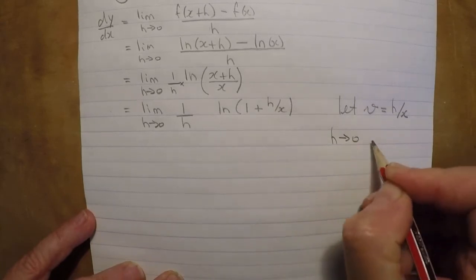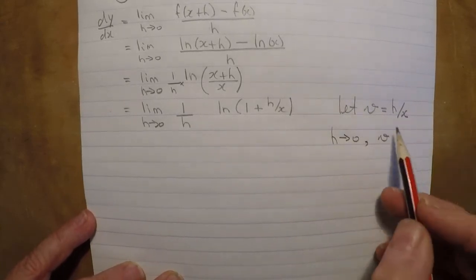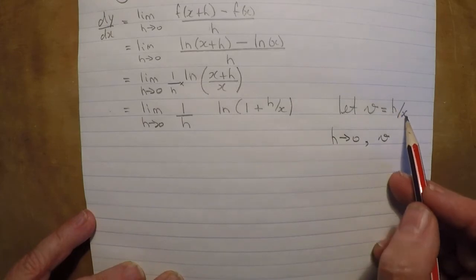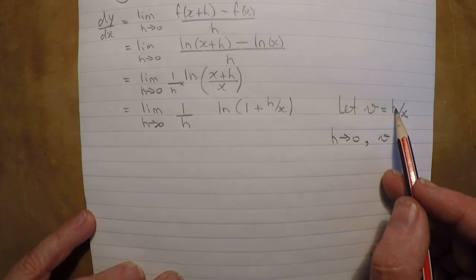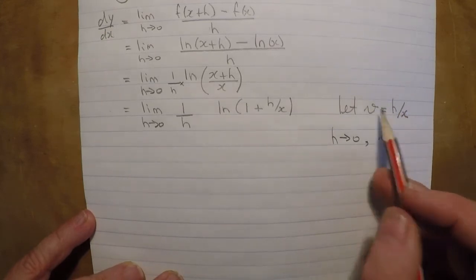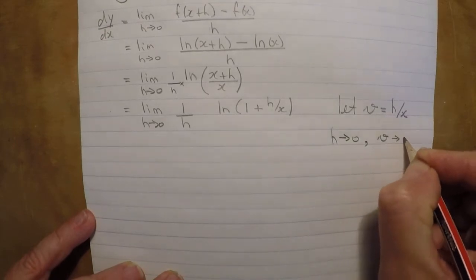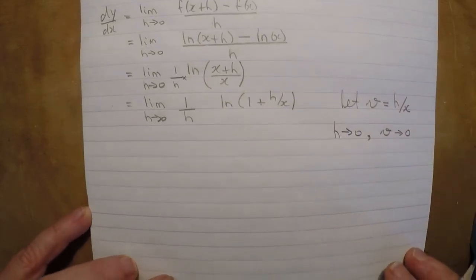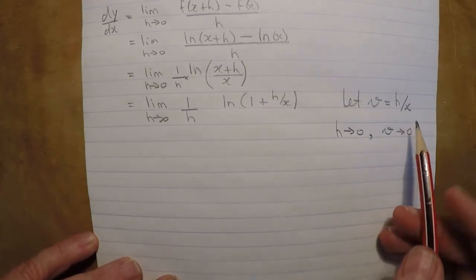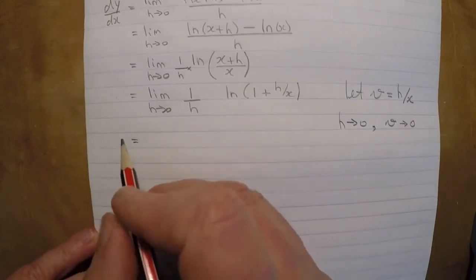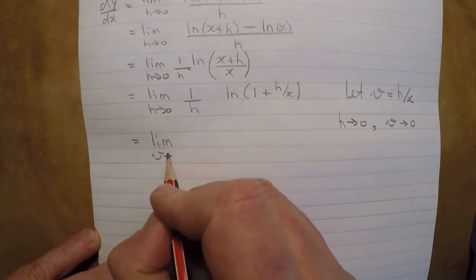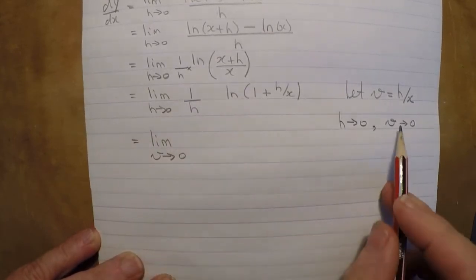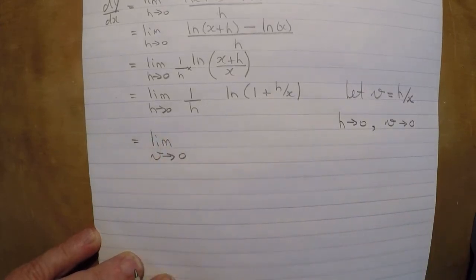As h approaches 0, x is unaffected, only h is changing, and as h gets smaller and smaller, 0 divided by a number gives v approaching 0. So back to our original work. We've now changed our variable to v, and we've just seen that v would approach 0.